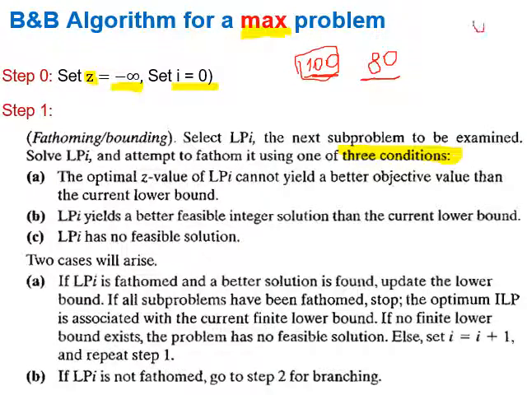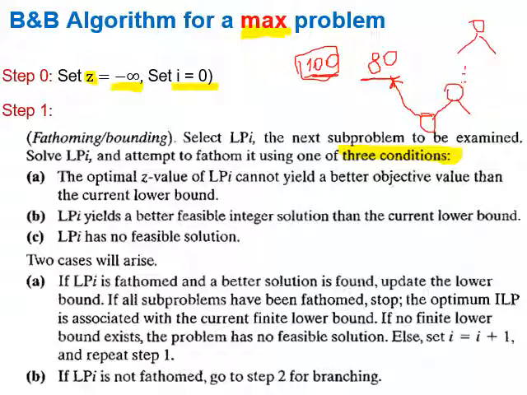In the branch and bound tree, let's assume that we are currently in such a branch. We solved this LP, and the objective function value of this LP relaxation is 80. And we already found an integer solution with 100.